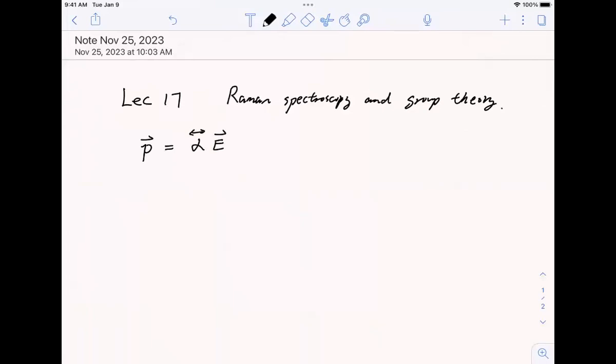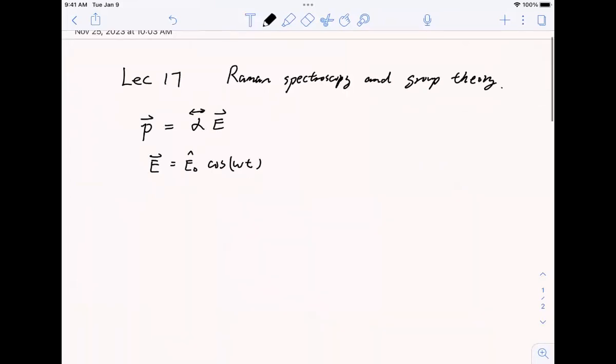Okay, so let's consider an electric field with a certain polarization and a frequency omega. Then this alpha, this hat means it is a tensor, will be affected by a phonon mode Q. So it will be the same as the original one plus some correction term, basically the Taylor expansion.